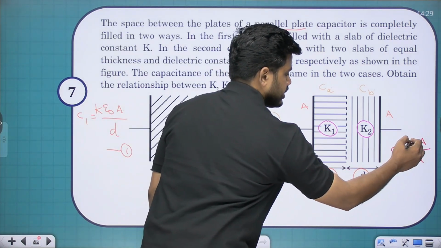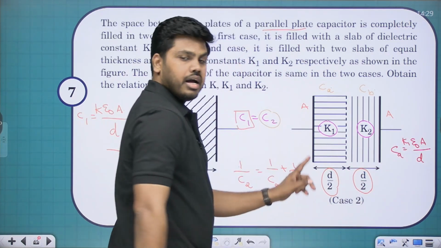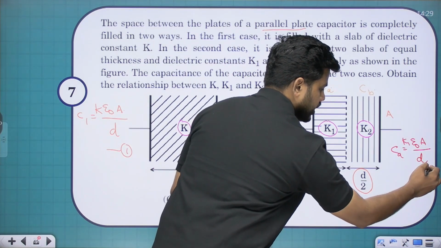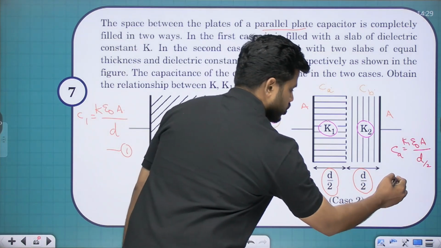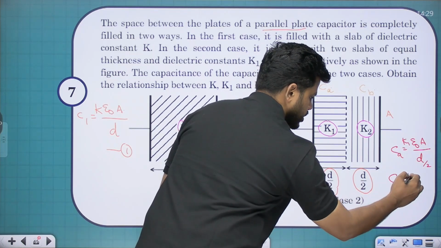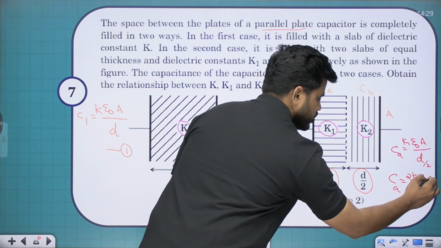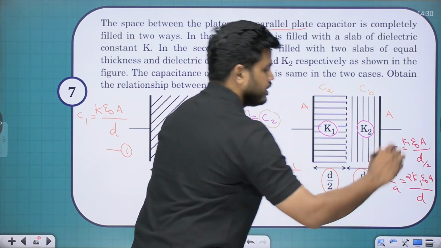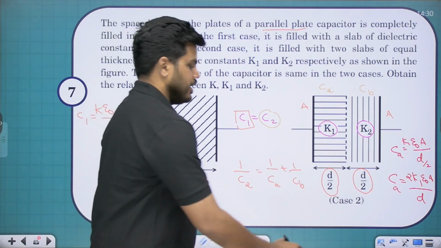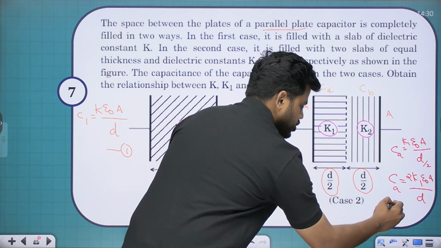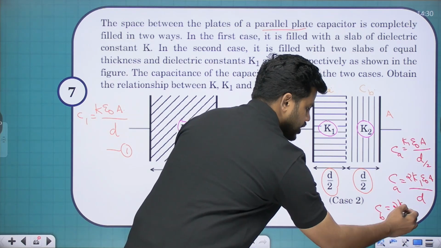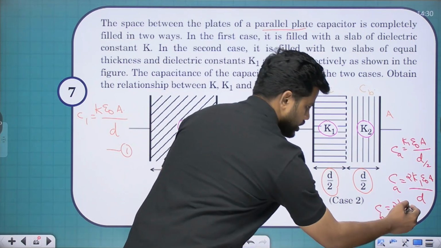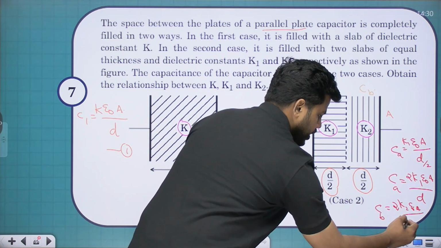It is filled with dielectric constant K1 and the distance is not D, it is D by 2, correct? So CA is going to be 2K1 epsilon 0 A divided by D. What could CB be in the same way? CB is going to be the same 2, but K2, another dielectric constant, epsilon 0 A divided by D.